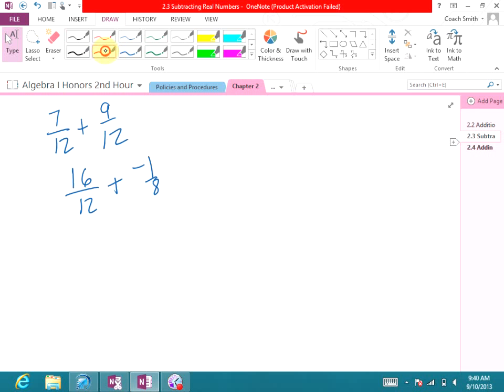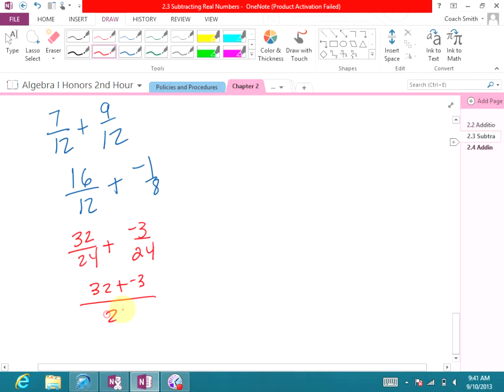Okay. I have to have common denominators between 12 and 8. What is the common denominator between 12 and 8? 24. So that gives me 32 over 24 plus negative 3 over 24. So that gives me 32 plus negative 3 over 24.